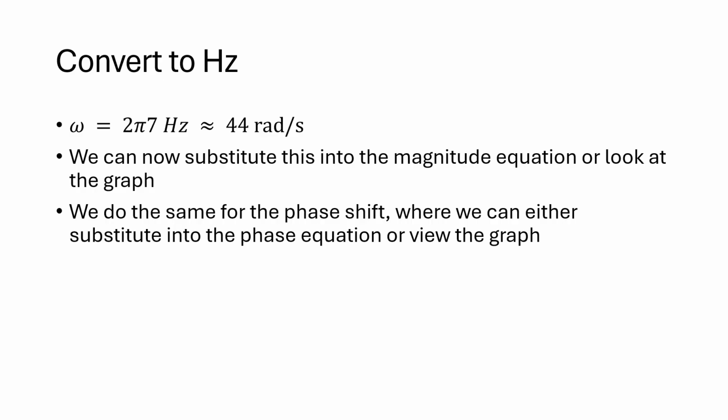Fortunately, it's a very easy conversion between the two of them. It's just 2 pi times the hertz value, which in our case is 7, which is roughly 44 radians per second. So now we can take that and we can look at our results.